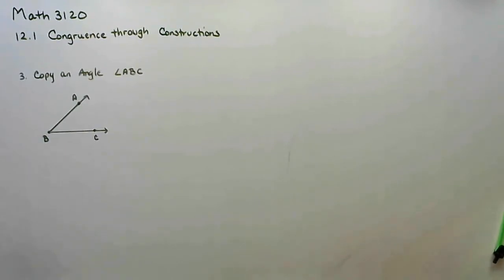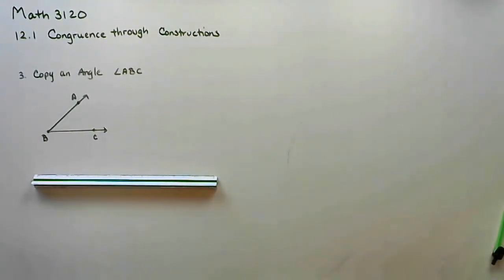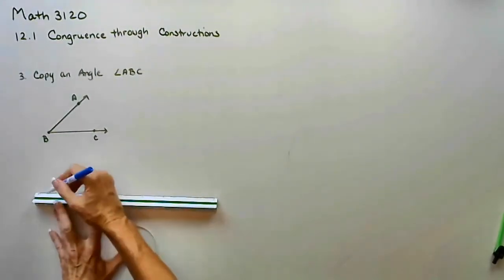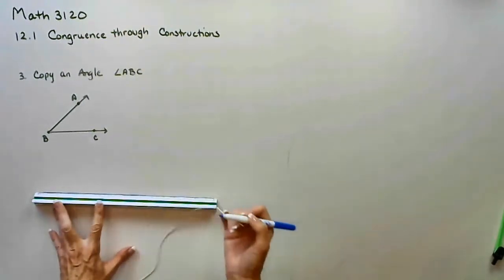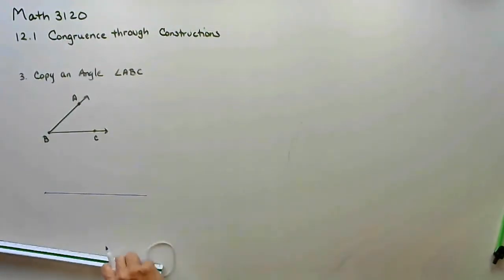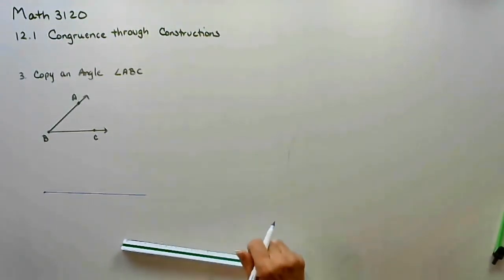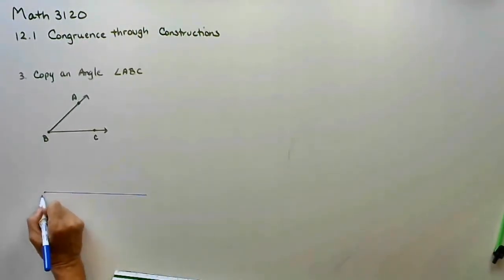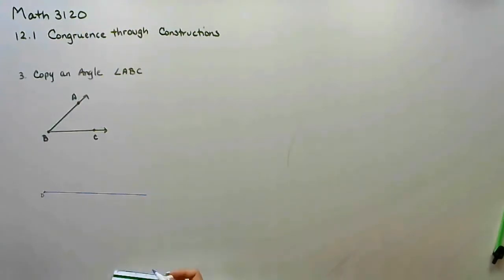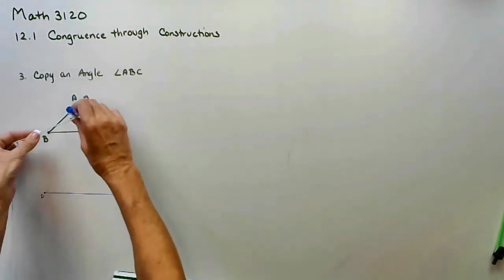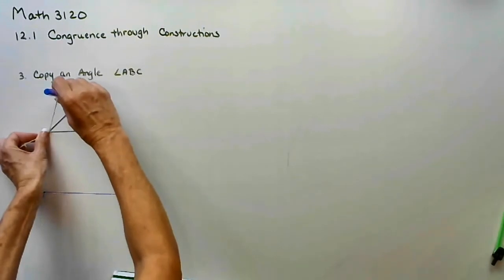I want to copy that angle exactly. So what I'm going to do is start with my straight edge, and I am going to create a line segment longer than I need. Okay? And I'm going to call this point D. Now the first thing I'm going to do is open up my compass, and I am simply going to swing an arc on my original.